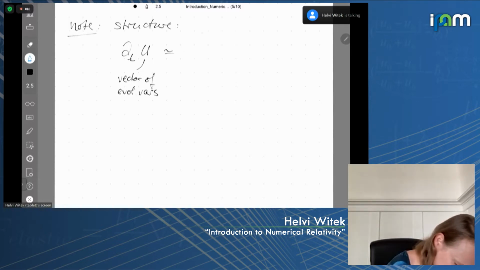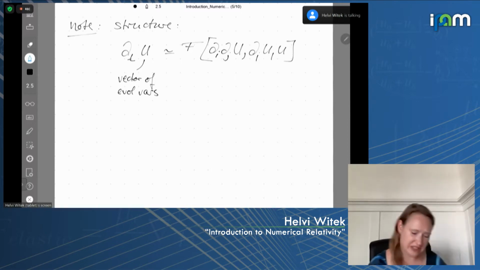Yeah, and that is related to a function of just the spatial derivatives of our variables. And again, this is our very schematic: the second spatial derivatives, the first spatial derivatives, and the quantities themselves.